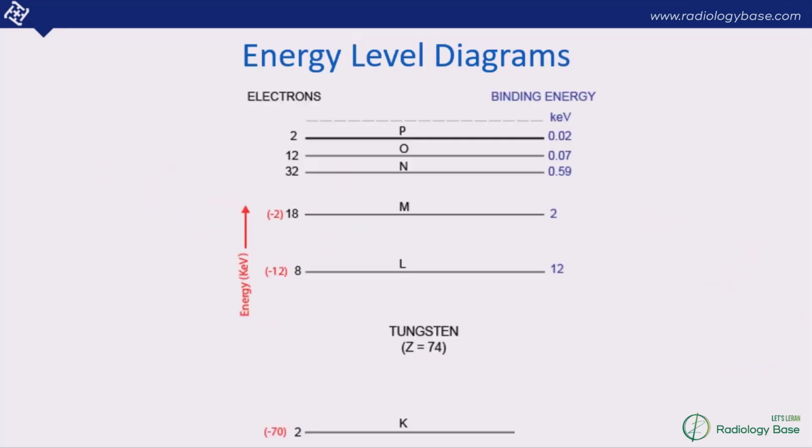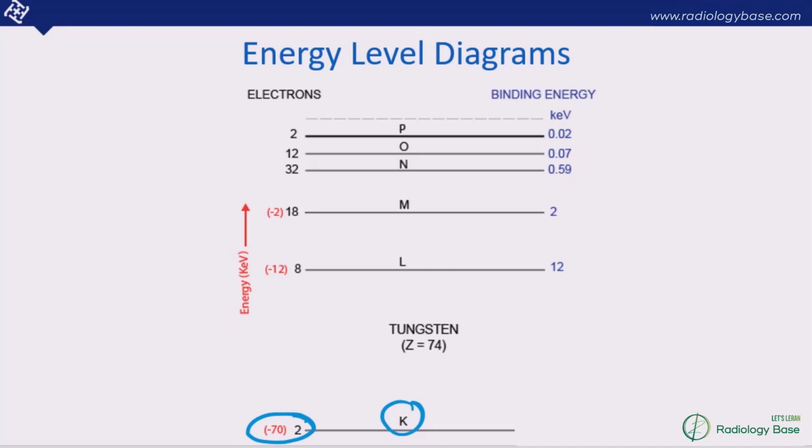So this is the last image, which is showing the energy level diagram for tungsten. We will be using tungsten again and again, so to make sure you have an understanding of tungsten now, the K shell in this case is going to show you an actual energy of an electron of minus 70 keV, and this is the net negative electron energy in the K shell.